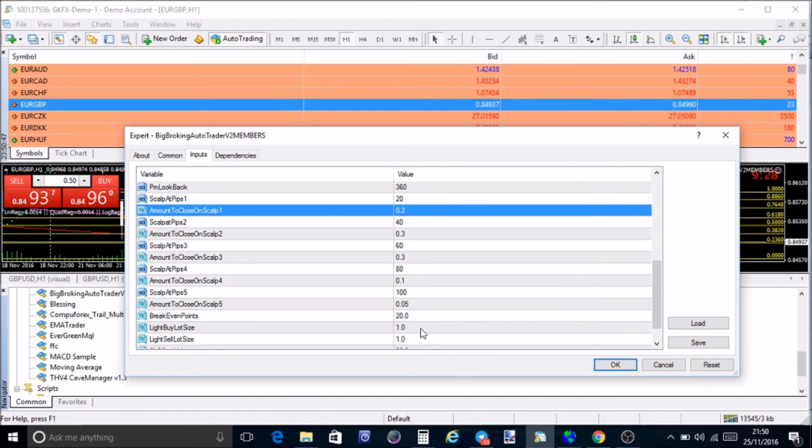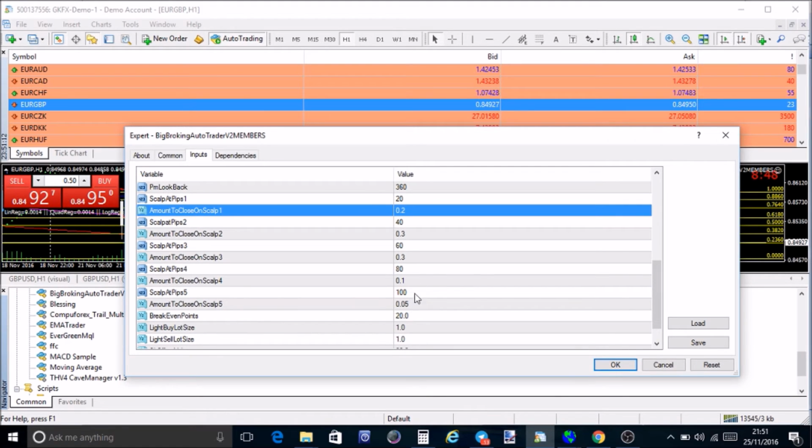So if you're trading a standard lot, on 2 pips profit, it will close 0.2 lot, leaving you with 0.8 lot outstanding in your trade. At 4 points, it will close 0.3 lots, leaving you less, and again 0.3, and again now 0.1 and 0.05, leaving you with a 0.05 ongoing trade.